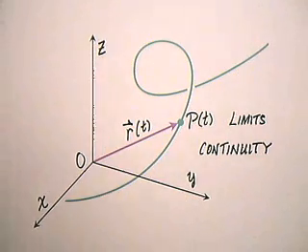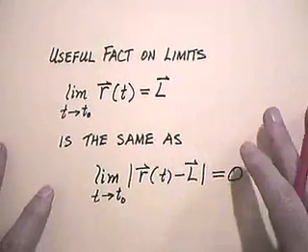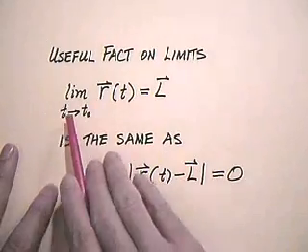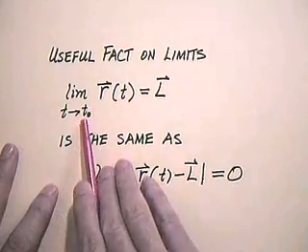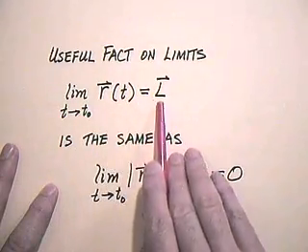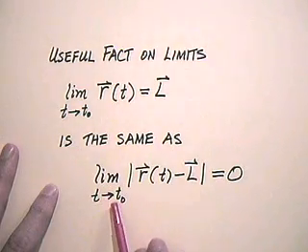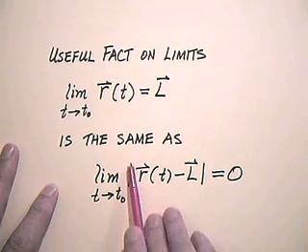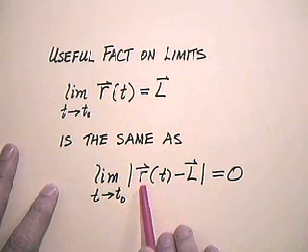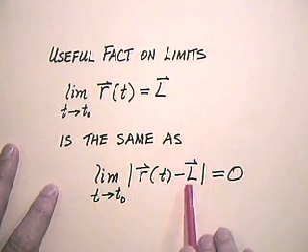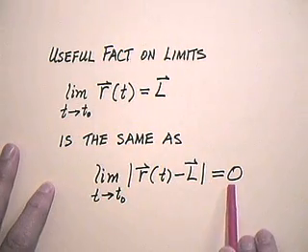Let's look at a useful fact about limits of vector functions. The limit as t approaches t sub naught of r of t equals the vector L is the same as saying the limit as t approaches t sub naught of the length of the difference vector r of t minus L equals 0.